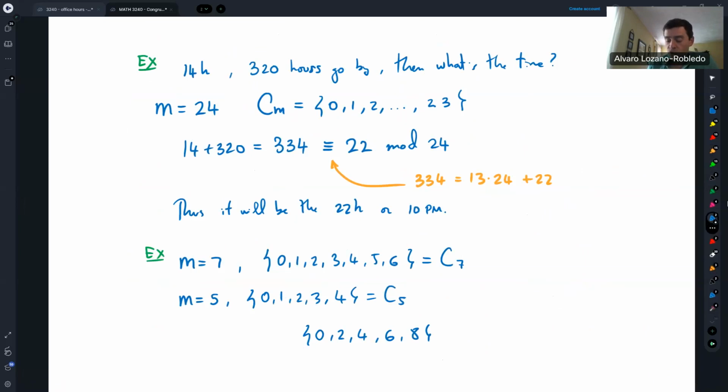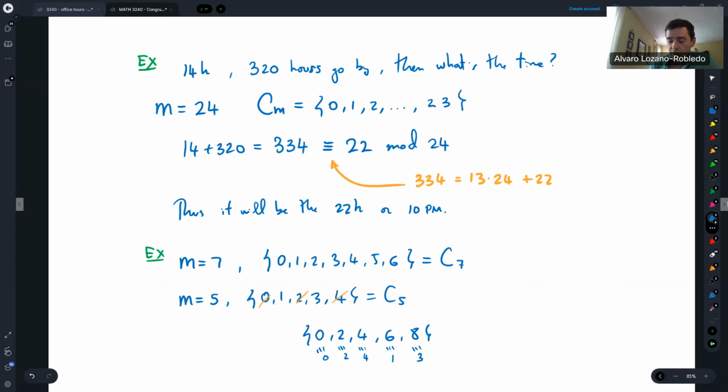So the way we would check is, does this set contain a representative of every class modulo 5? This is 0. Well, this is congruent to 0. This is congruent to 2. This is congruent to 4. So I have these classes represented. And 6 is congruent to 1 modulo 5, and 8 is congruent to 3.